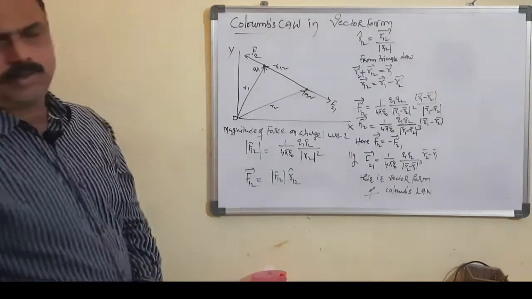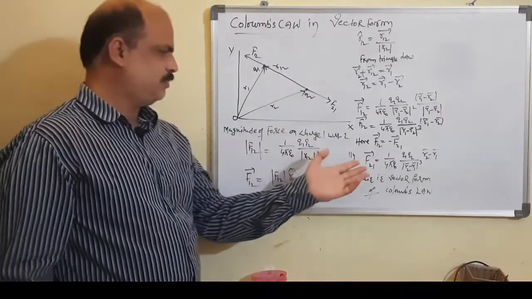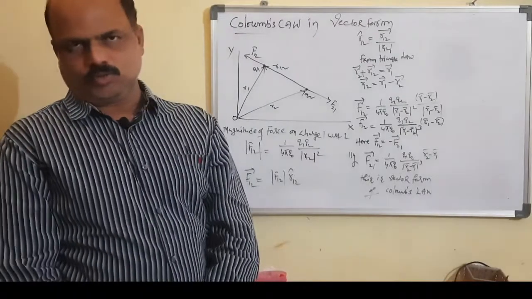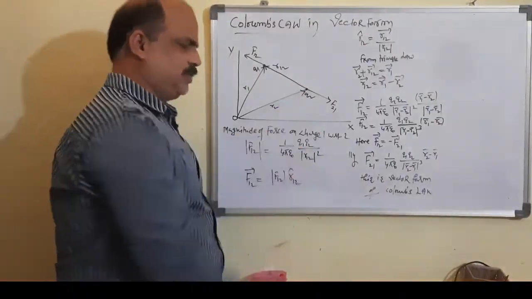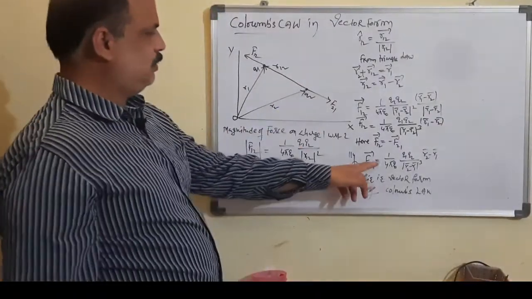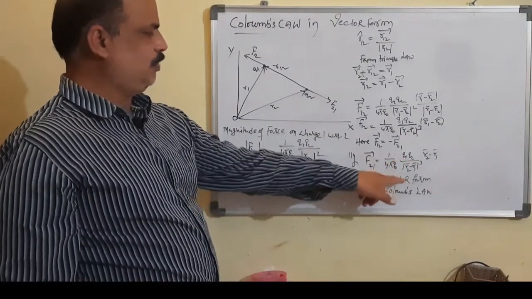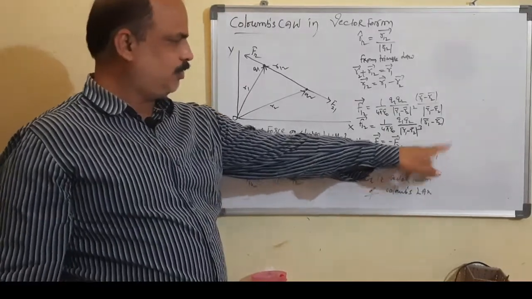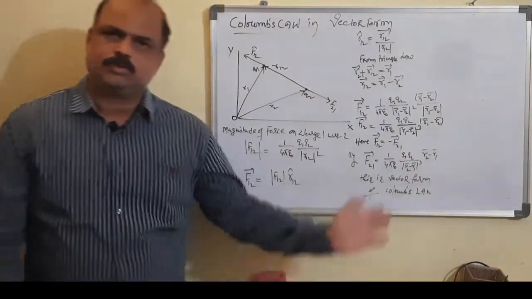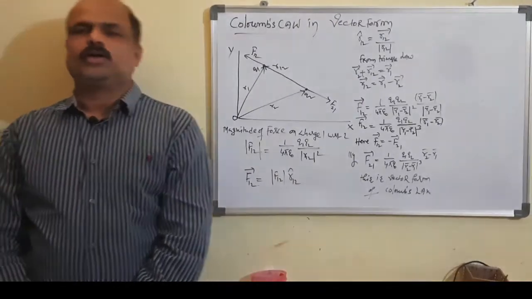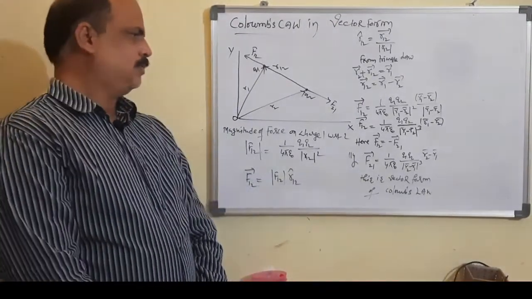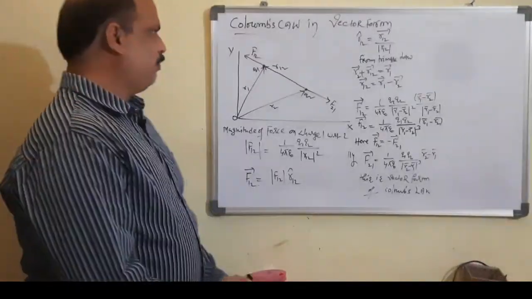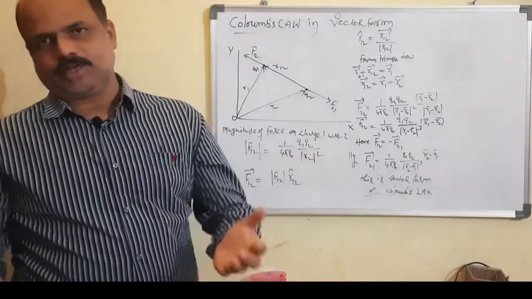Similarly, we can write F21 bar, the force acting on the charge Q2 by the charge Q1 along this direction, as 1 by 4 pi epsilon naught Q1 Q2 by mod R2 bar minus R1 bar whole cube, into R2 bar minus R1 bar. So this is known as the vector form of Coulomb's law. But one important point you have to remember is that the forces act in opposite directions, but the magnitudes are the same.